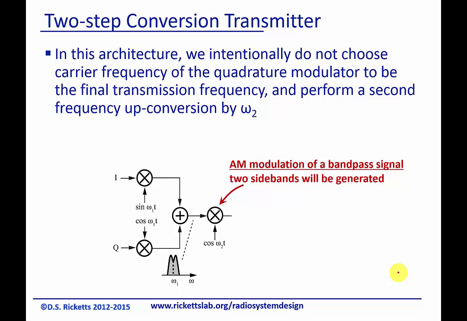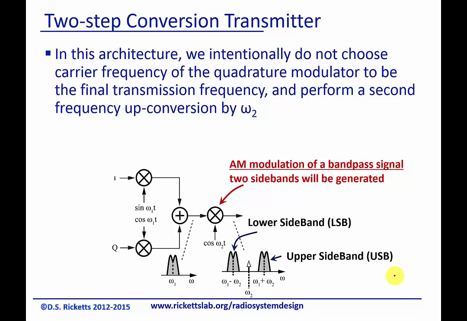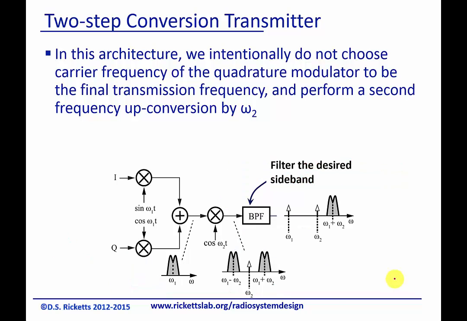And if you remember what happens if we take an AM signal and modulate it from the previous modules, you can see that our baseband signal, which may have started out like this, then moves up to where this is omega 1, and now this entire spectrum is going to be upconverted right around omega 2, and we're left with our upper sideband and our lower sideband. And this should be familiar to you from the analog modulation module.